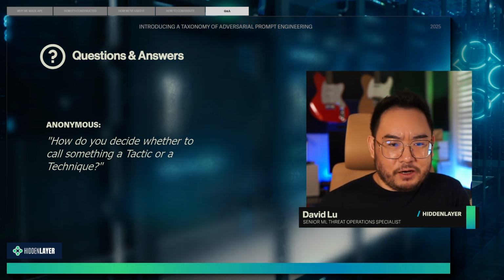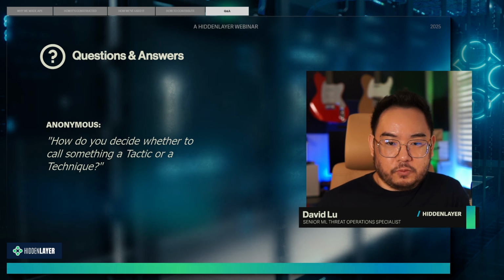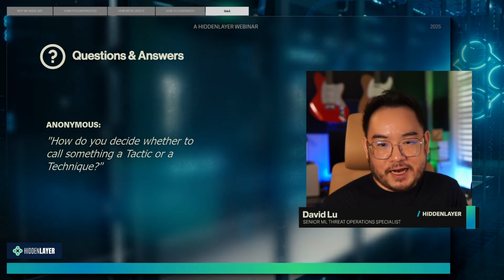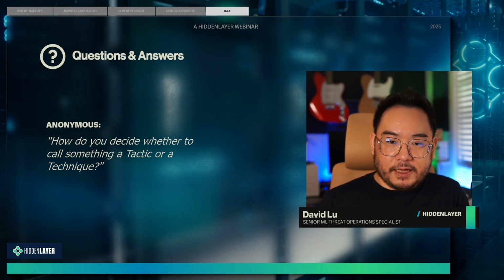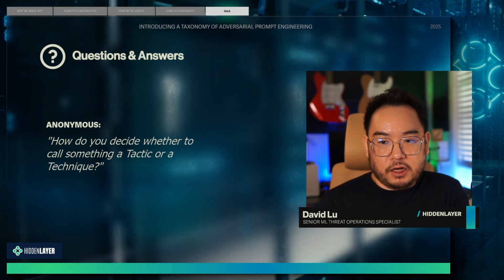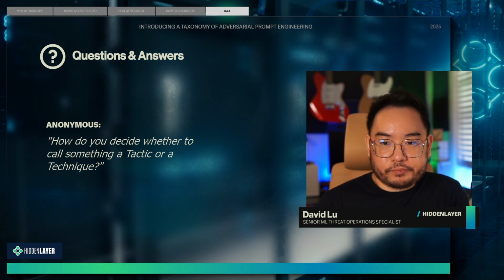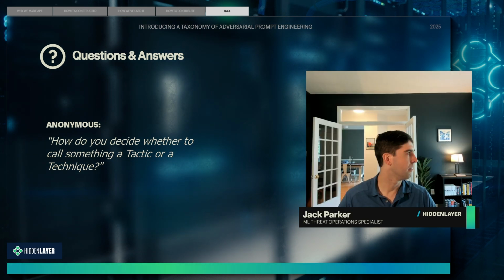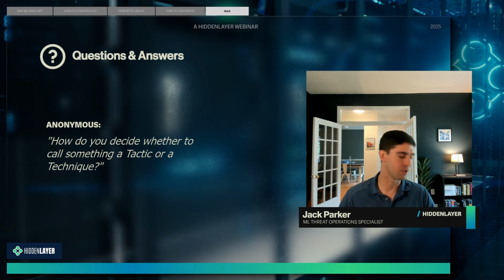So there is a lot of back and forth when we're creating the taxonomy about what should be a tactic, what should be a technique. But that's kind of the rough rule that we lived by as we were designing and creating this taxonomy. Yeah, probably a good time to jump in here and mention that in terms of usefulness, in terms of what's most useful in your specific use case, you can work at whatever level of abstraction makes the most sense in any given context.